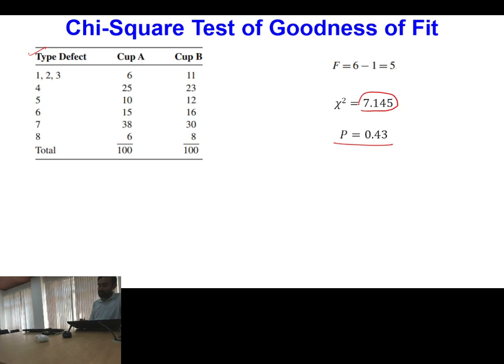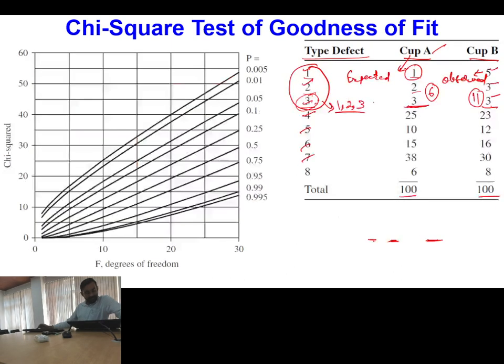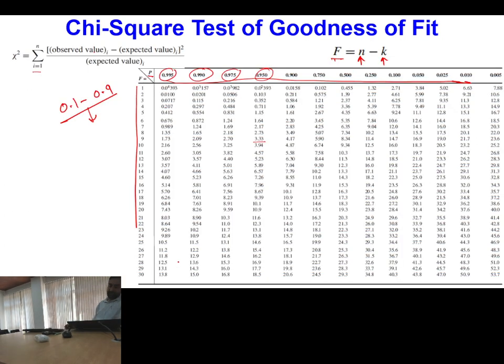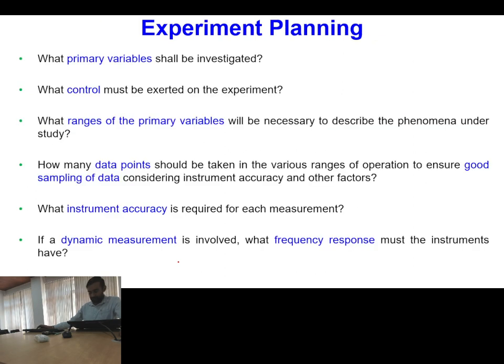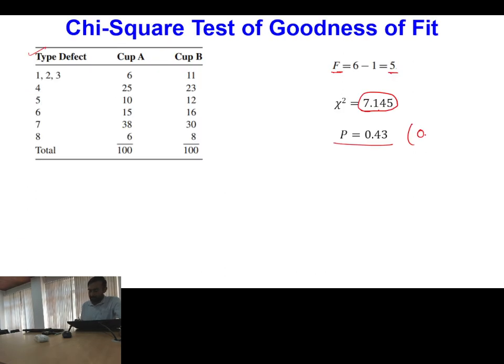Corresponding to chi-square equal to 7.145 and f equal to 5, you can refer to this chart, where there is the chi-square value, this is the probability, and this is the degree of freedom. Or you can refer to this table, and if your probability value is between 0.1 and 0.9, it means these two samples are closely correlated.